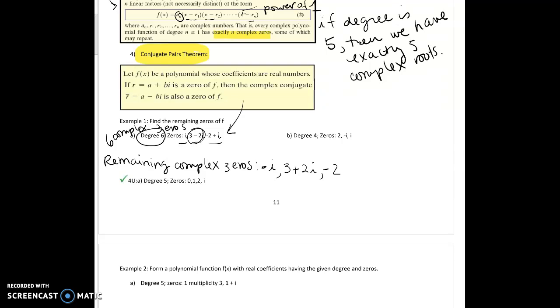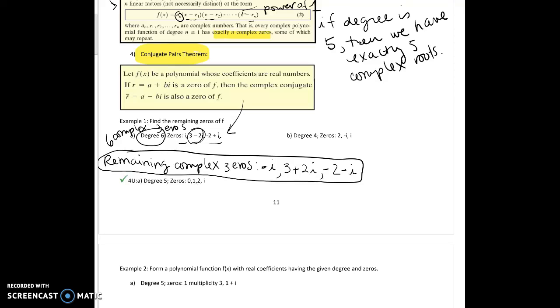Okay, the front maintains negative 2. You only change the sign in the middle. So the conjugate is negative 2 minus i. So these right here, box this up, it's my remaining complex zeros. If I count them up, I should have a total of 6 because the degree is 6. 1, 2, 3, 4, 5, 6. Okay, because of your degree 6.